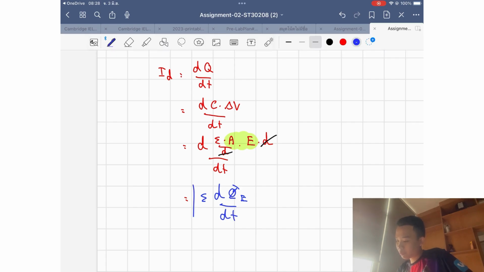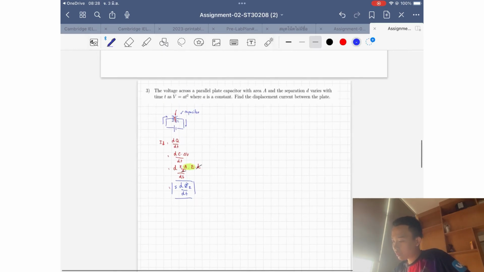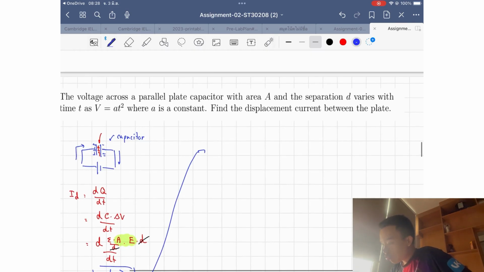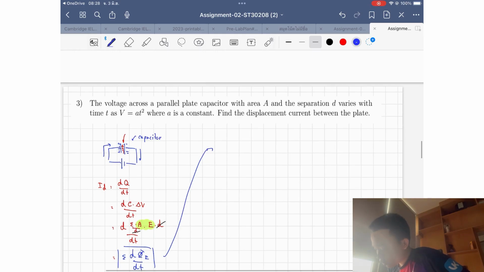So this is the displacement current. So let's use it with our problem. The displacement current is equal to epsilon times the change of electric flux, right?